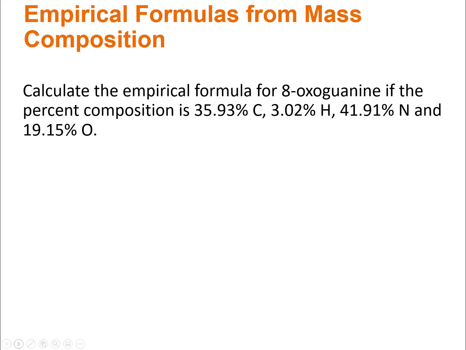Alrighty. I'm going to get started on this one because I know this one is a little bit tougher than the last one. This time we've got 4 different elements, and we don't have just a 1-to-1 ratio for all of them. So I wanted to give you this example so you're not stuck on your homework.